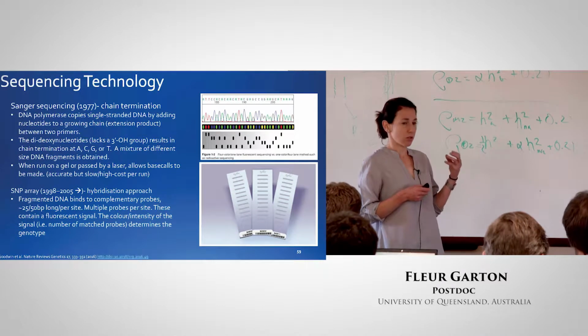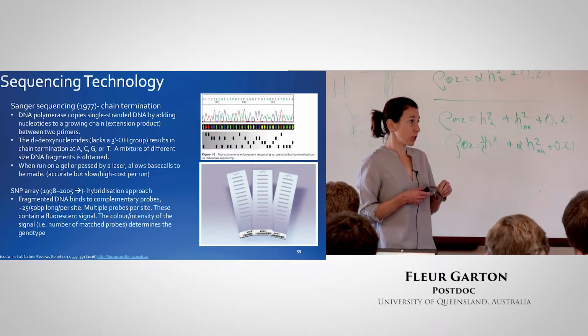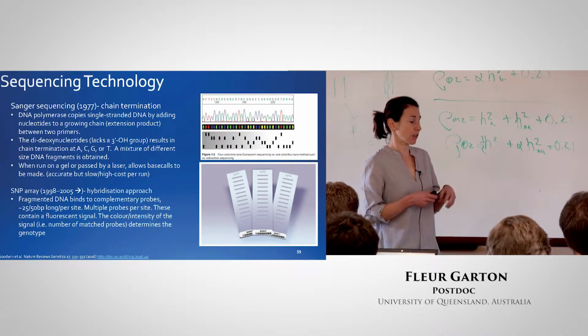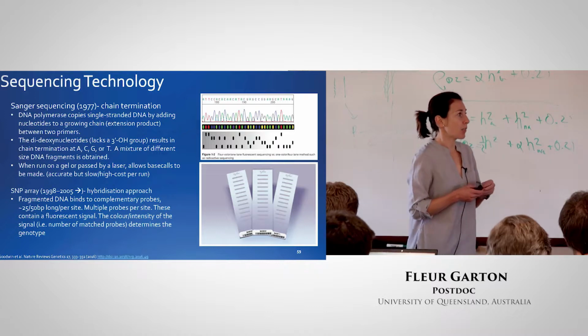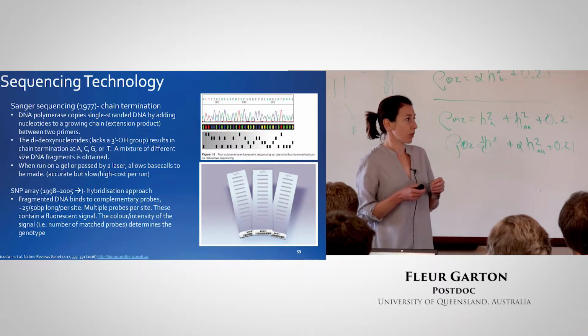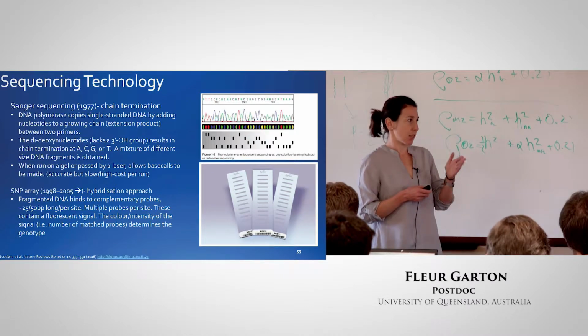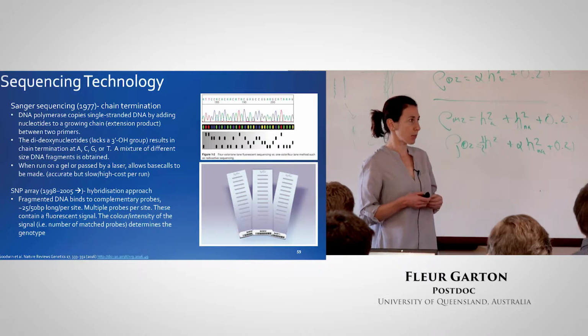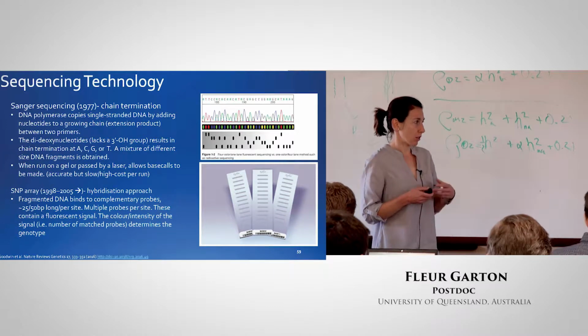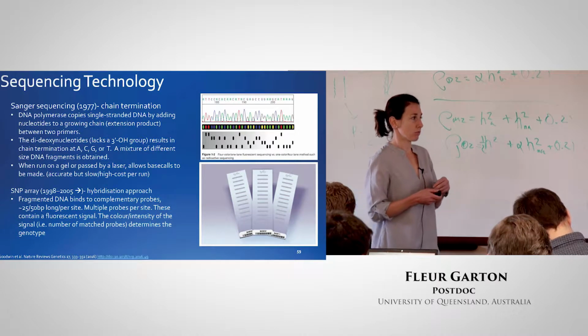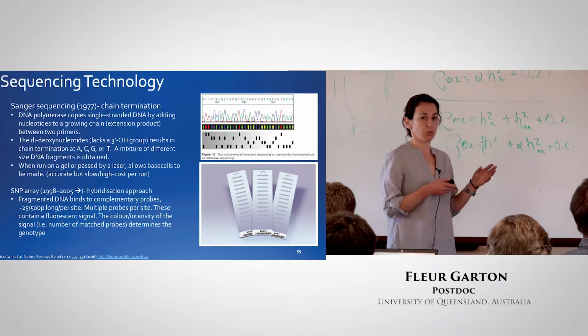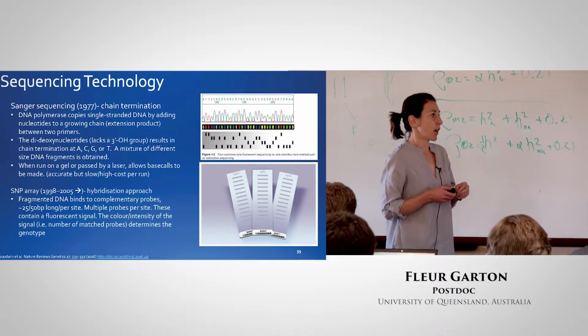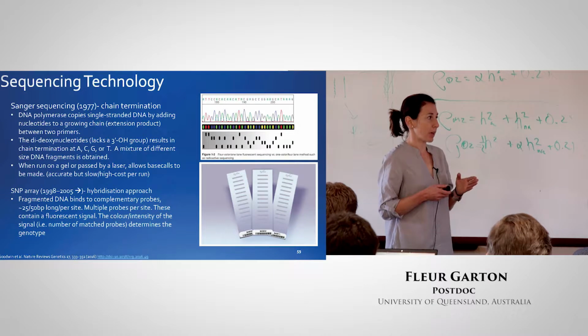And then there are also some dideoxynucleotides which lack a hydroxyl group, and this results in a chain termination at either A, C, G or T. And so what you'll recover is a mixture of different sized DNA fragments, and if you run it on a gel or you pass it by a laser, it allows base calls to be made.